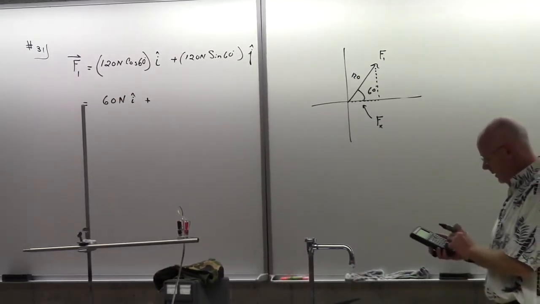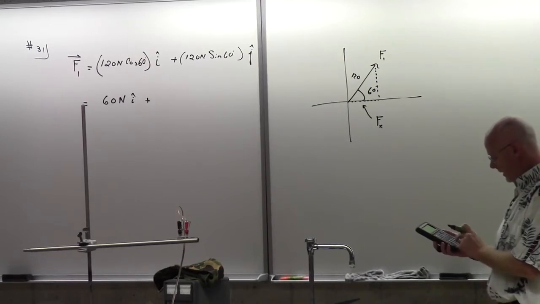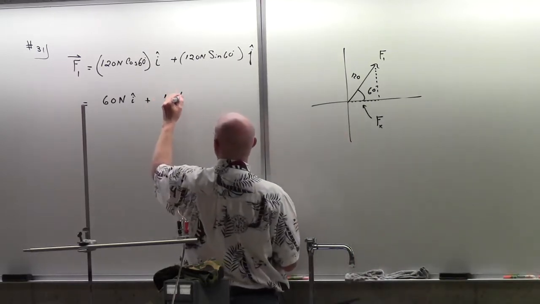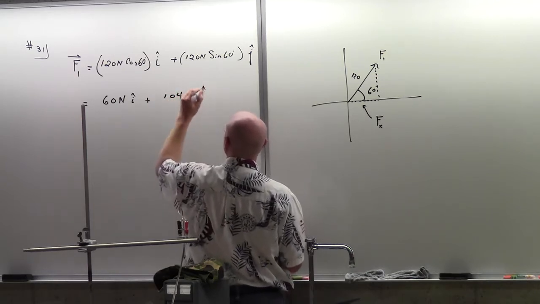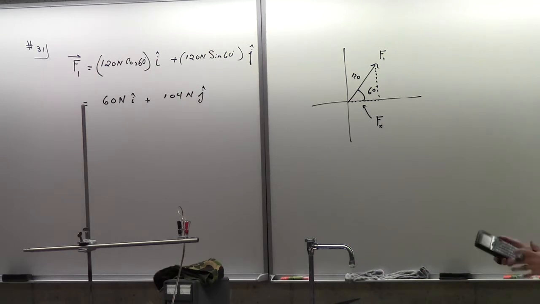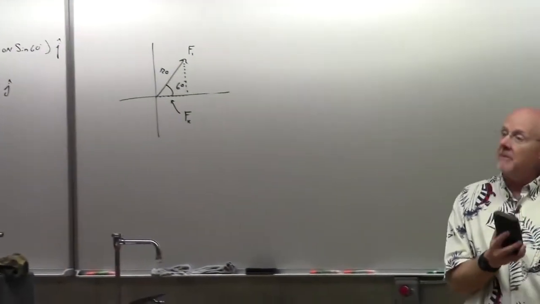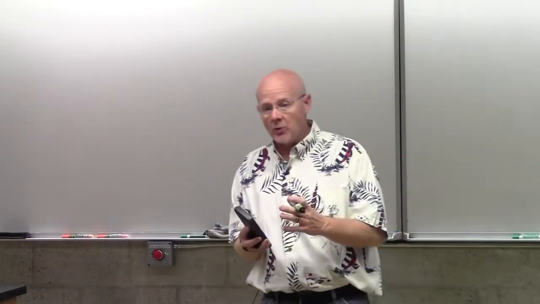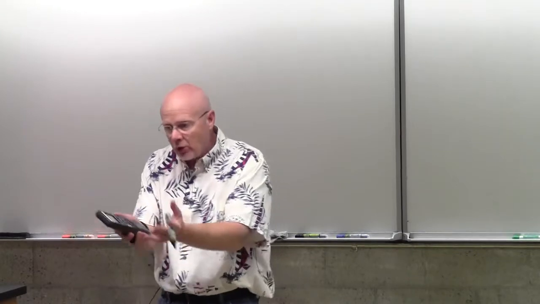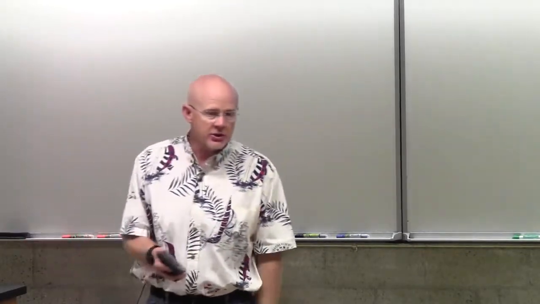The other one is 120 times the sine of 60, and that gives me 104 newtons j hat. And so that would be my first step, to say, okay, I have been given the forces in polar coordinates. I have been given magnitude and direction. But how much of it is x and how much of it is y? And that was what I was trying to say on Monday, your first step: convert it from polar coordinates into Cartesian coordinates here.